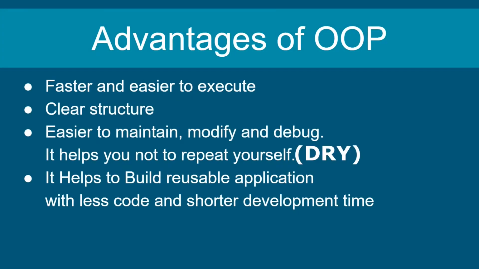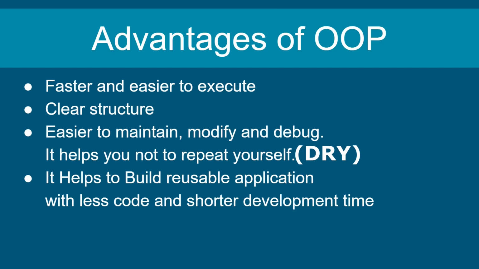What are the advantages of object-oriented programming over procedural programming? Well, object-oriented programming is faster and easier to execute. It provides a clear structure for the programs. It helps us to keep the C++ code DRY. DRY is an abbreviation for "don't repeat yourself".